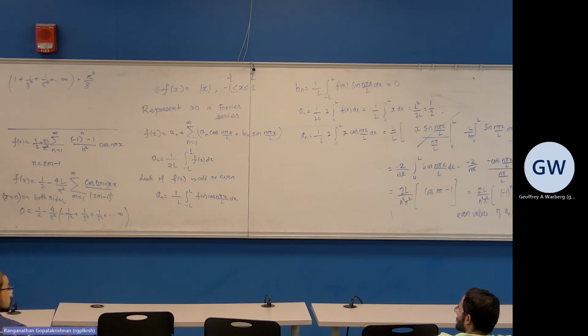What were you going to say? X is equal to 0, it is the value of. The value, yeah. So from this series, we can calculate the value of pi. Yes, if you can numerically compute, this is one way to also check the value of pi. So you can use this to calculate pi, or if you treat pi as known, you can use it to calculate special series.